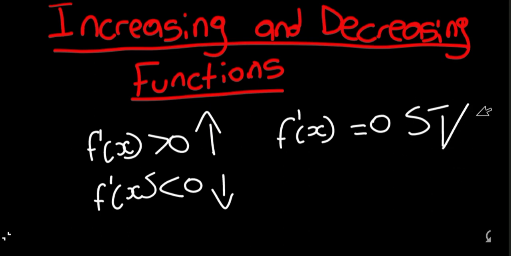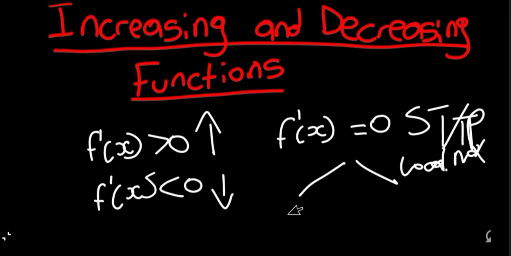Sometimes a stationary point is called a turning point in calculus. If the function is increasing at the left of the stationary point and decreasing at the right of the stationary point, then that stationary point will be called a local maximum.